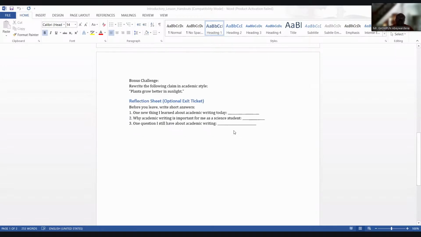This is the bonus. Rewrite the following claim in academic style. Plants grow better in sunlight.